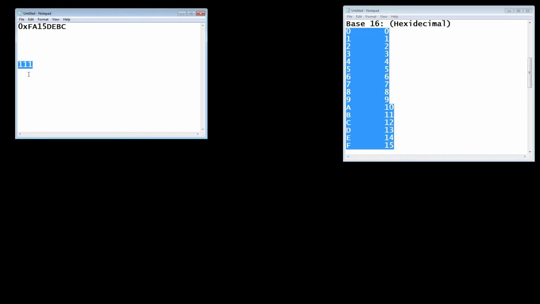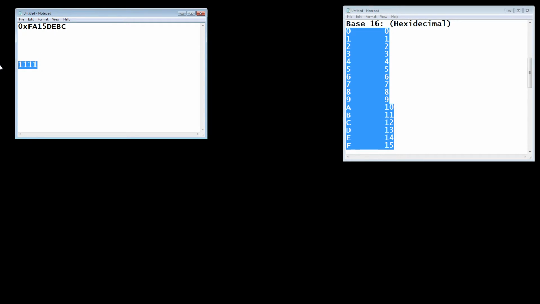Well, 8 possible values is all well and good, but we can't fit 16 values in it, so we have to add another bit. Here we have the ones place, the twos place, the fours place, and the eights place. So 8 plus 4 is 12, plus 2 is 14, plus 1 is 15.